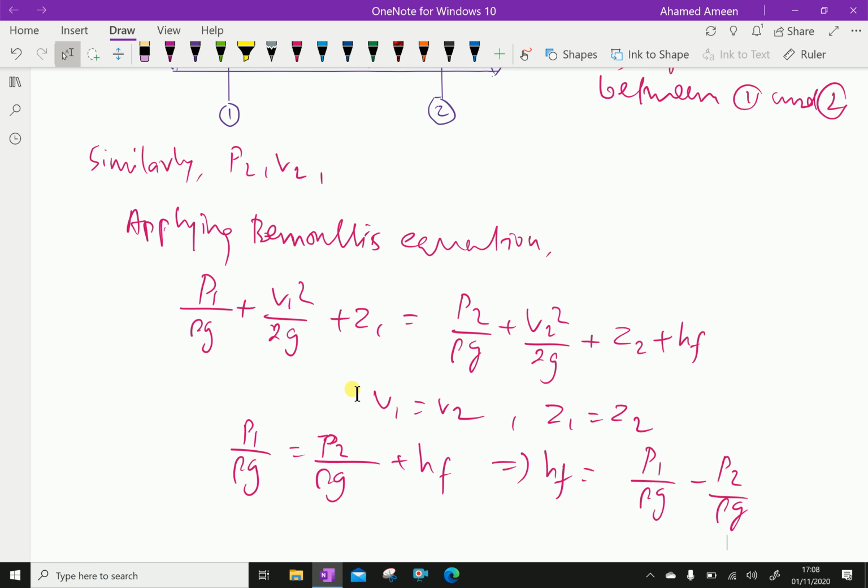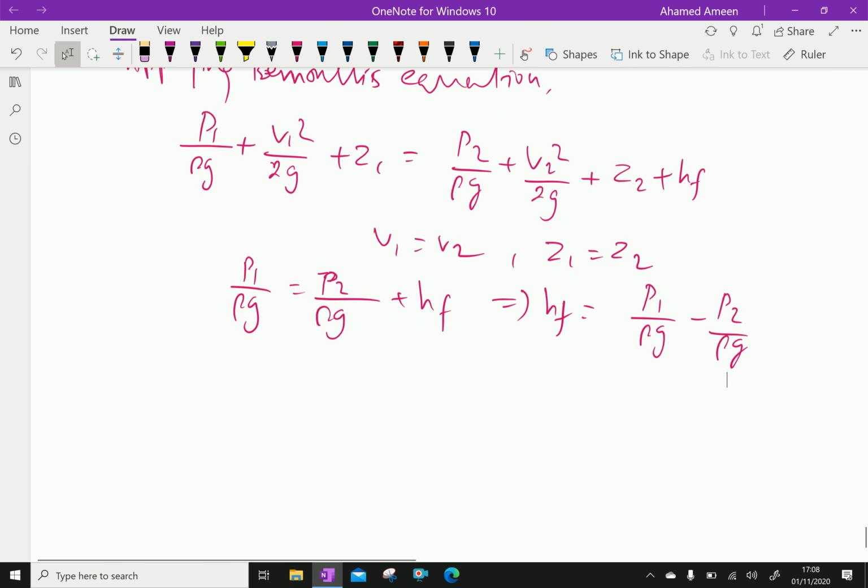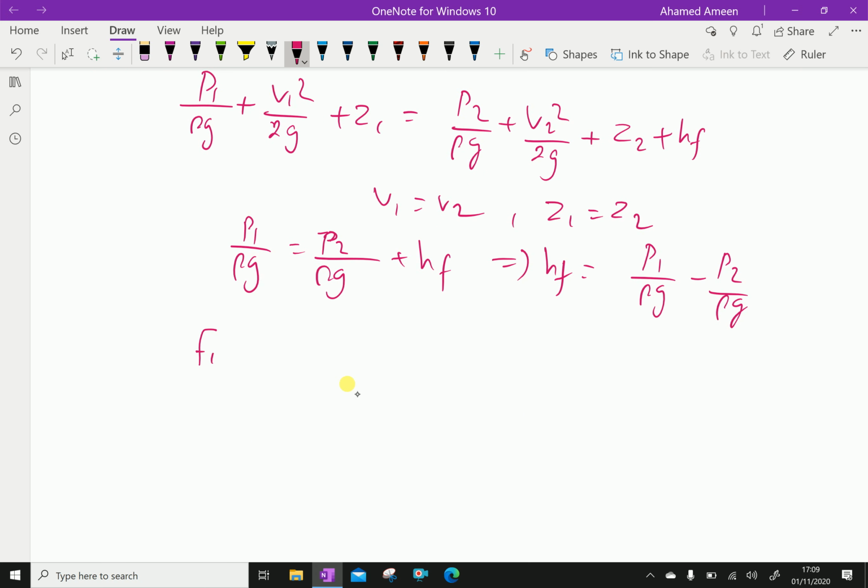Therefore, friction force F1 equals F dash into pi d L, the circumference of the pipe into the length, into V square.